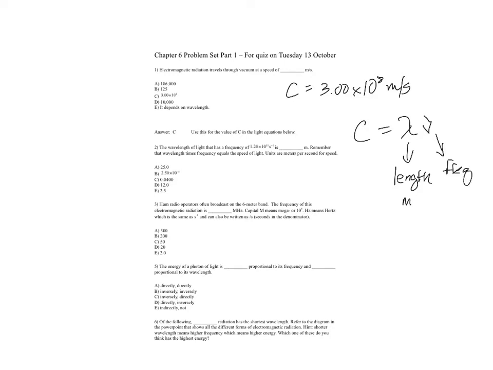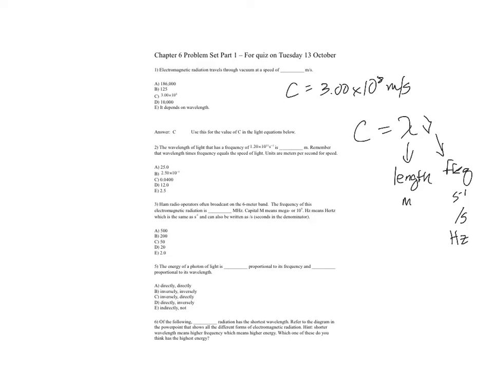That's frequency, in units of s to the minus 1, also written as per s, with s in the denominator. It's also named hertz. You've probably seen hertz before. So that's your relationship between wavelength and frequency.